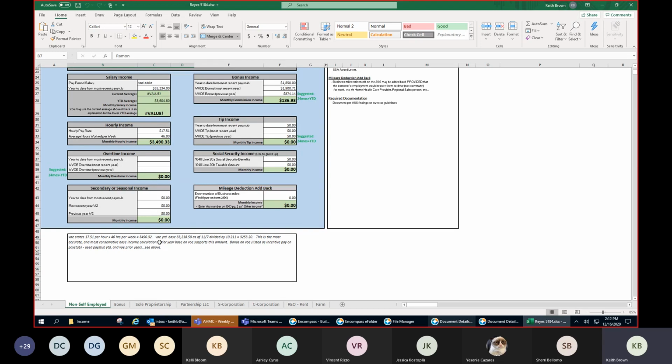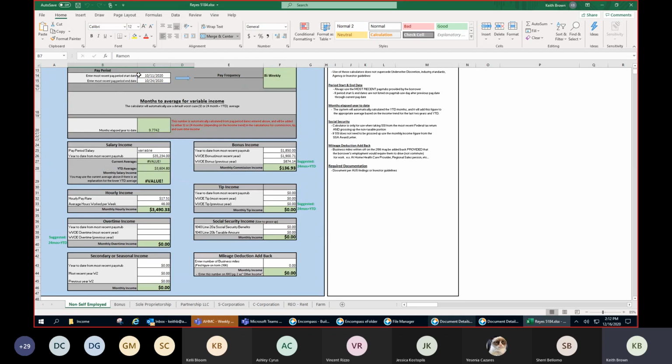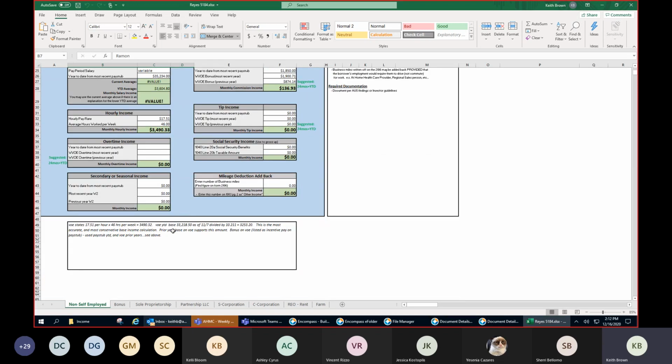My pay stub base was 35,234 as of 10/24. So this is a more recent VOE year-to-date base, but this is a work number year-to-date VOE base. And as an underwriter, I find the work number data to be somewhat unreliable. I think you probably all found the same thing.